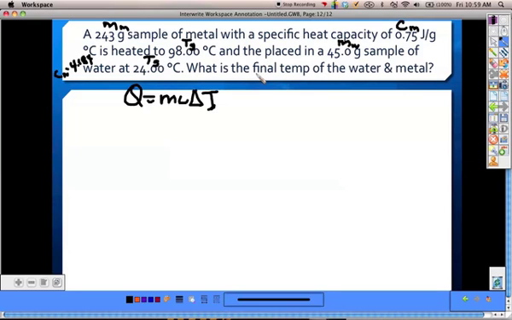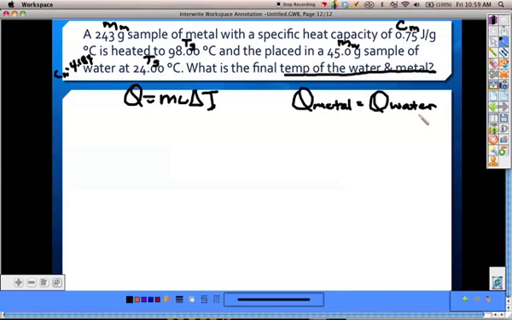What I want to know is the temperature of the water and the metal together. If I take two things and put them together, eventually their temperature and energies are going to even out. So I know that my Q of my metal at the end is going to equal the Q of my water.